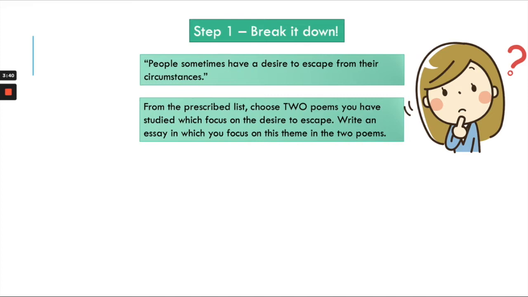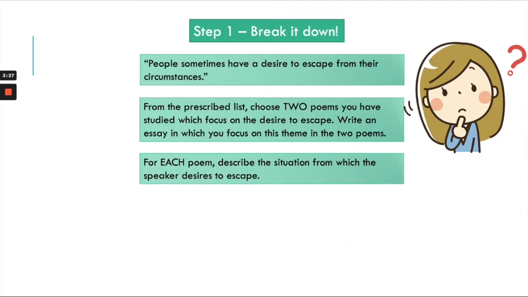Next, look at what you're being asked to do. You must focus on the desire to escape in two poems. Once you have understood that, you move on to the next sentence. For each poem, you must describe the situation from which the speaker desires to escape.